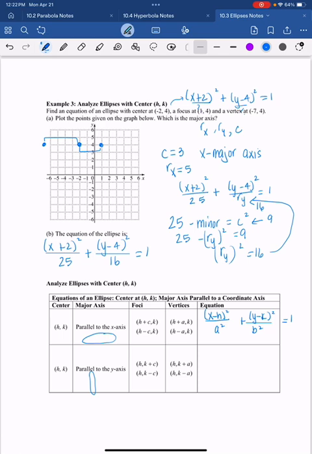And then if it's parallel to the y-axis, I just think using r sub x and r sub y is just easier because then you have to remember, where does A go? Where does B go? Just remember, whichever one's bigger is the major, whichever one's smaller is the minor. And that is ellipses.